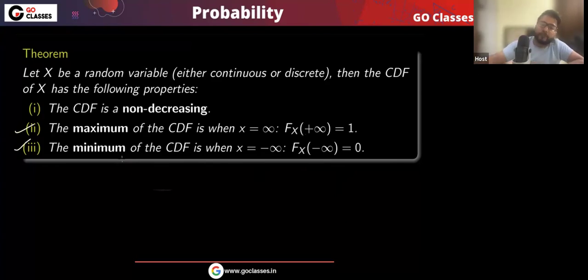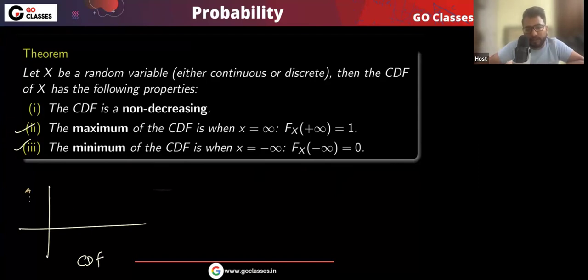Now tell me, if I draw a CDF here, let's suppose this is a CDF. For x equal to 0, there is some value like this. For x equal to 1, this is the value. This is constant. Is this a valid CDF? What do you think?